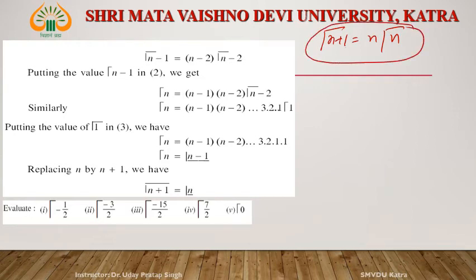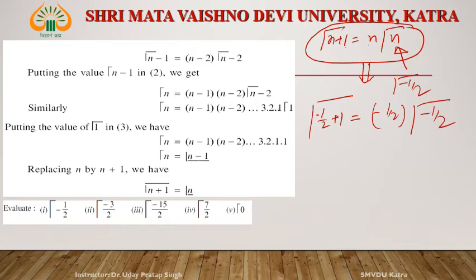Then using this relation, we have to evaluate gamma of minus 1 by 2. So replace n by minus 1 by 2. So gamma of minus 1 by 2 plus 1 is equal to minus 1 by 2 gamma of minus 1 by 2.